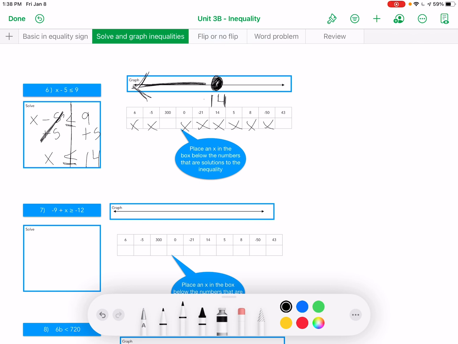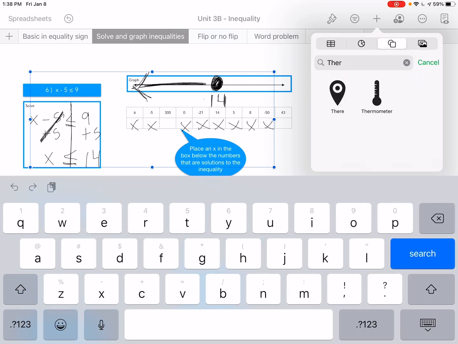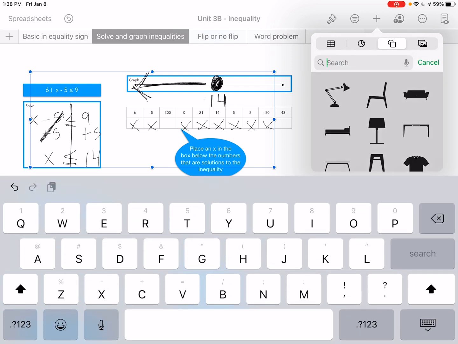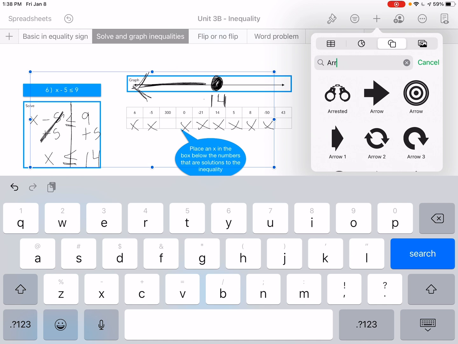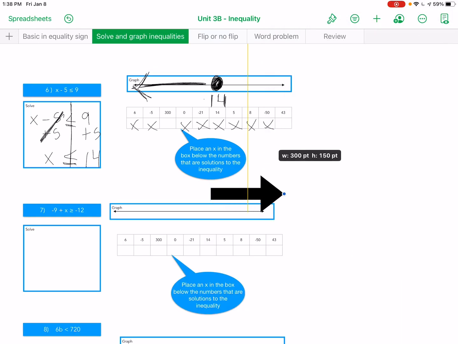And if y'all wanted to get creative, I just thought about it, you could do an arrow. You could do that if you wanted to, and then we can rotate it.